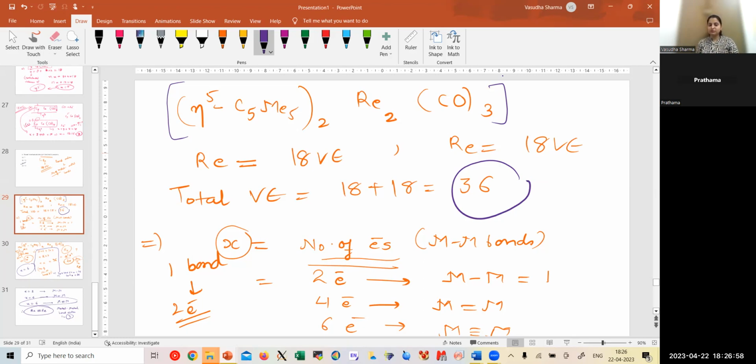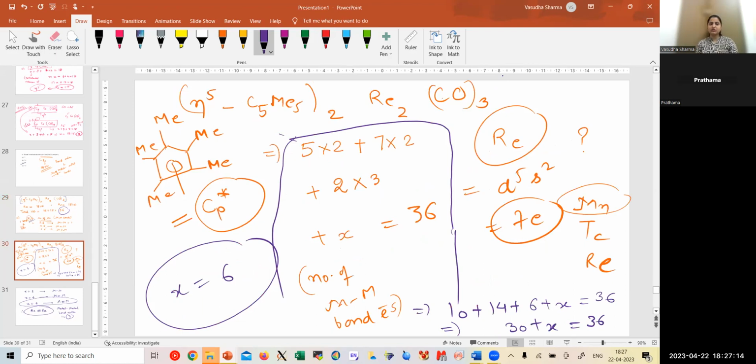And there we chose that X is the total contribution coming from the metal-metal bonds. If it comes as 2, that means one bond is there. If it comes as 4, then a double bond is there. If it comes as 6, then it will be 3 bonds, because one bond gives 2 electrons. Then we saw that C5Me5 is going to give a 5 electron contribution because we are considering the neutral method. They are 2 in number, so 5 into 2.